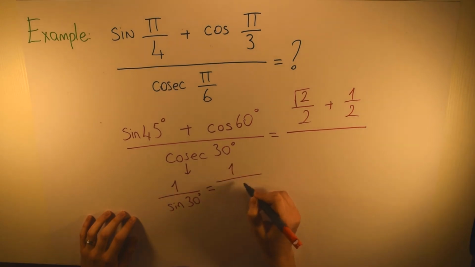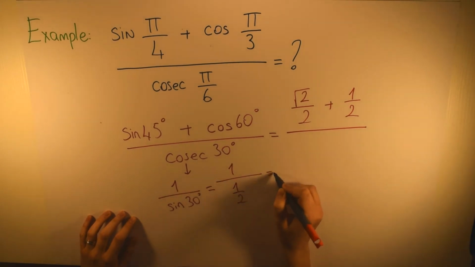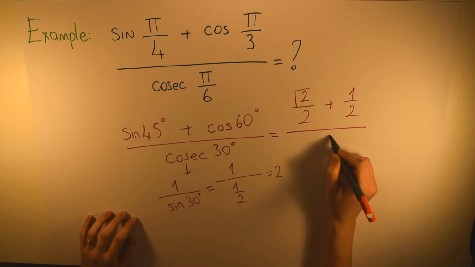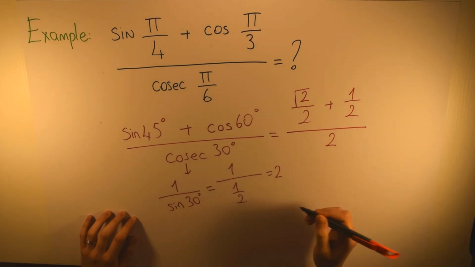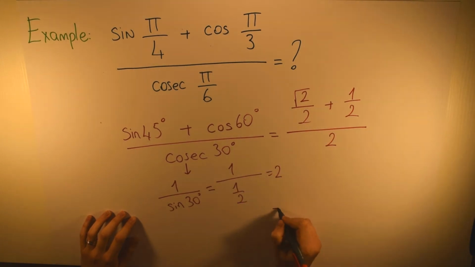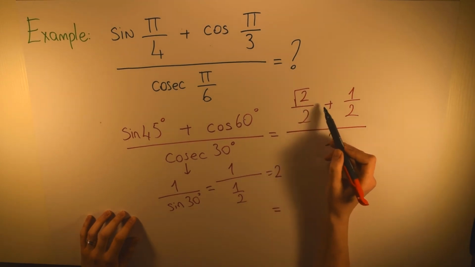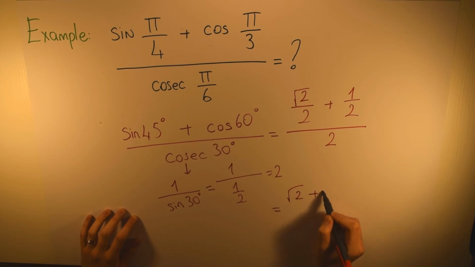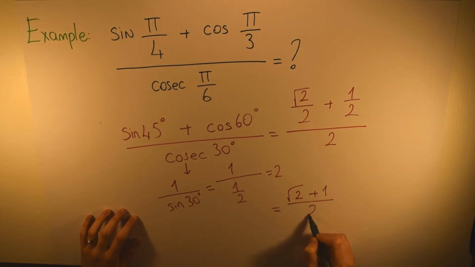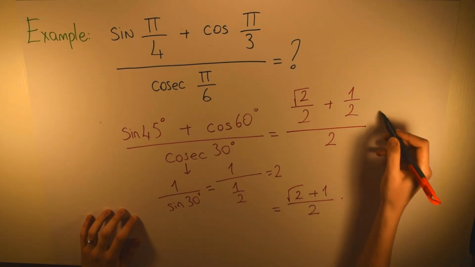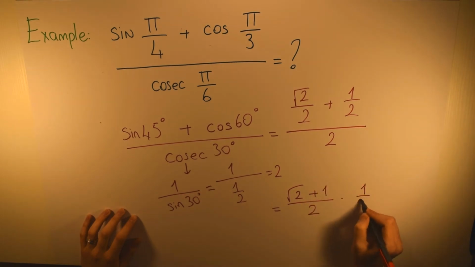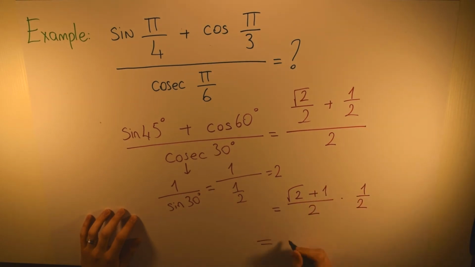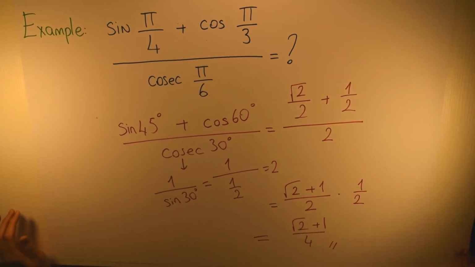So it is 1 over 1 over 2, which is equal to 2. Here I write 2. From here, the numerator is square root of 2 plus 1, over 2. When I put this up, it will be 1 over 2. So we get square root of 2 plus 1 over 4 as our answer.